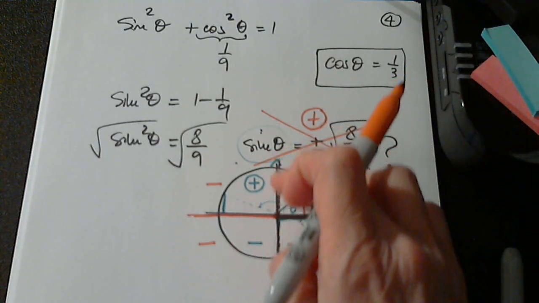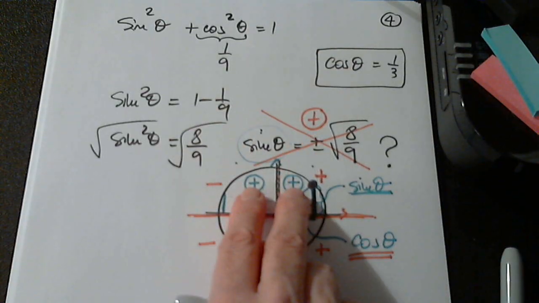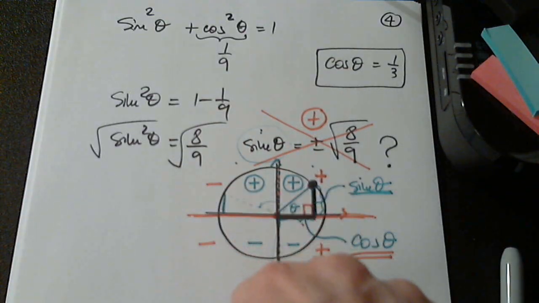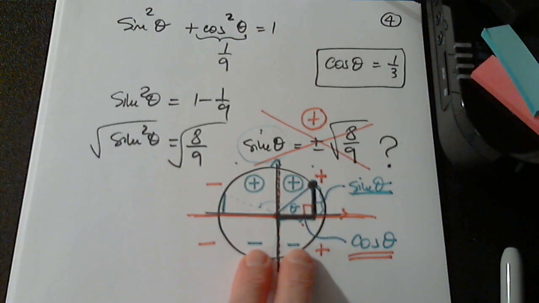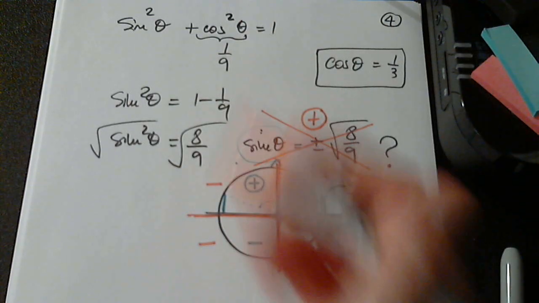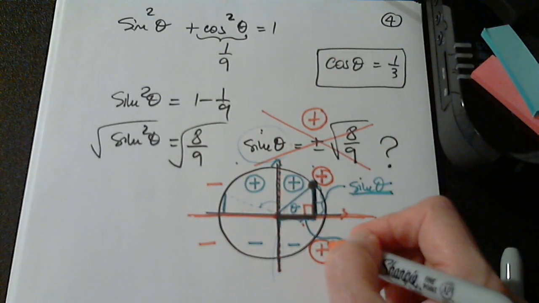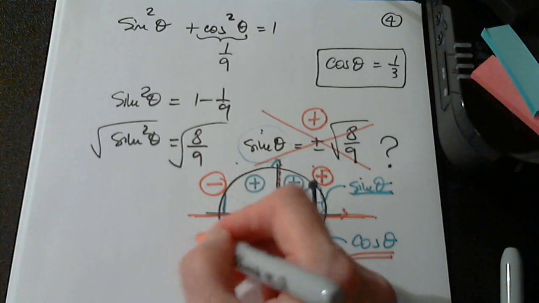Because sine is measured on the y-axis, in the top quadrants, sine is positive. In the bottom quadrants, sine is negative. Because cosine is measured on the x-axis, it will definitely be positive on this side and negative on this side.